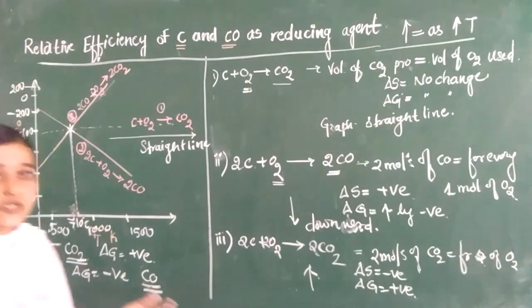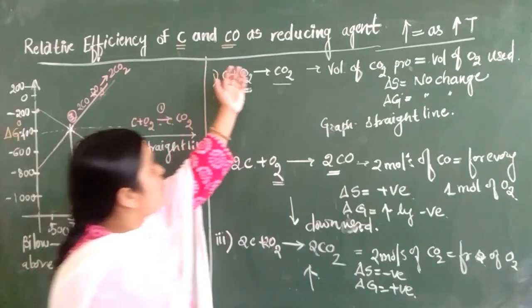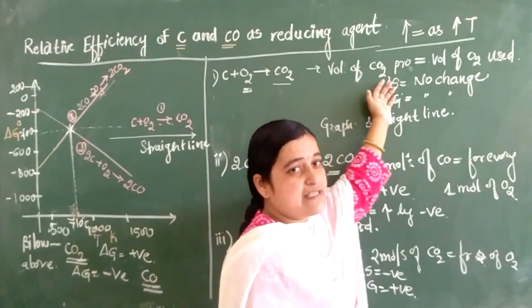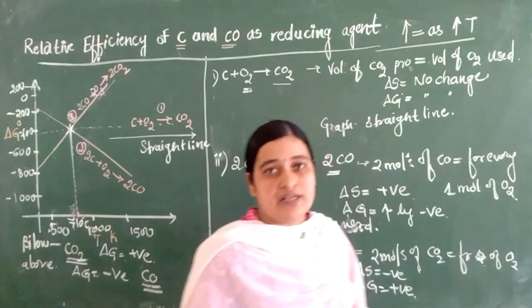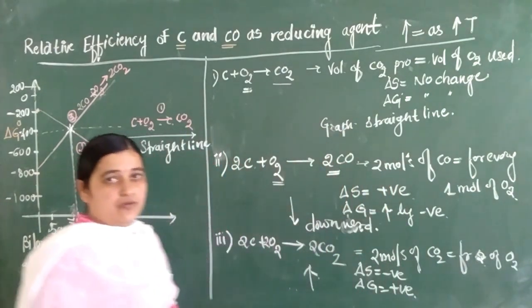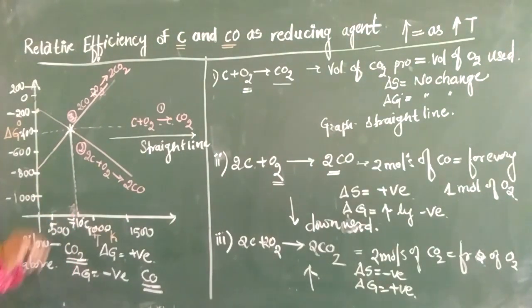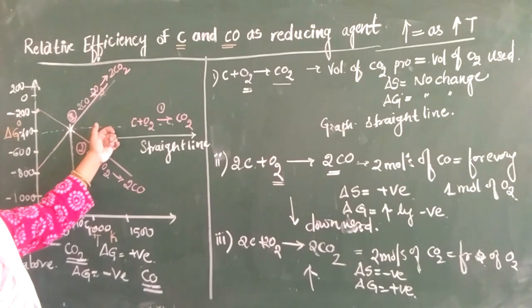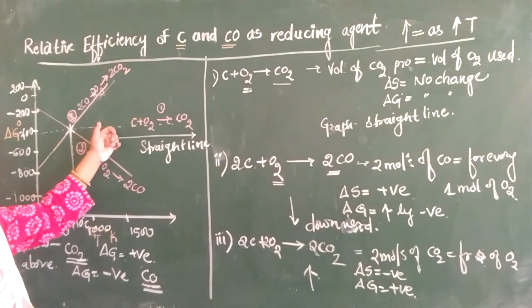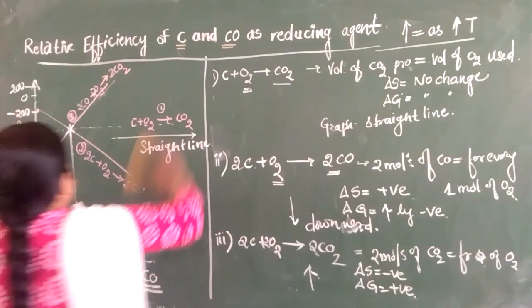So we have concluded that the relative efficiency of carbon and carbon monoxide as a reducing agent increases as we raise the temperature. I hope you have understood this part, because many times they have asked this question for 2 marks in part A, about the relative efficiency of carbon and carbon monoxide as a reducing agent. At that time we have to discuss these many things.